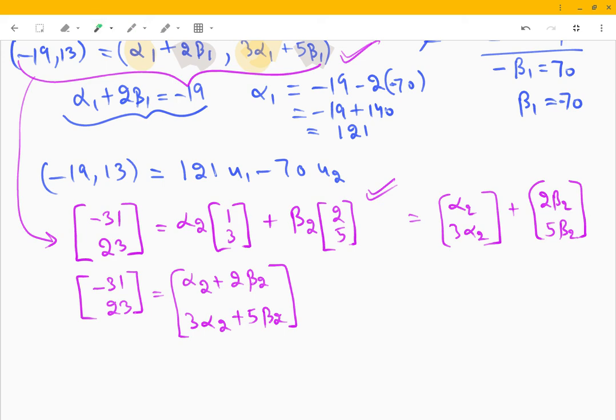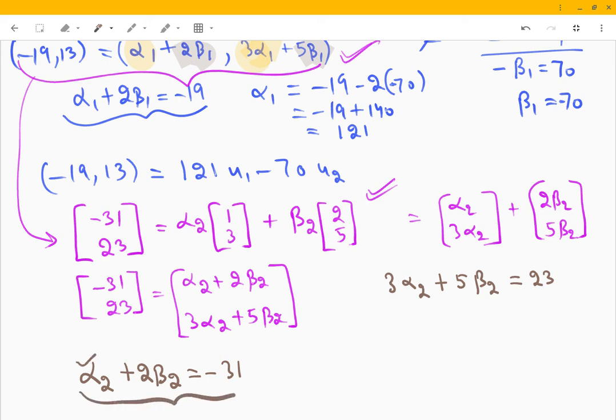So again, I have with me two equations. The first one I'll write here, alpha 2 plus 2 times beta 2 is negative 31. And the second one is 3 alpha 2 plus 5 beta 2 is 23. Okay, so let's eliminate alpha 2. So I will multiply this by 3.